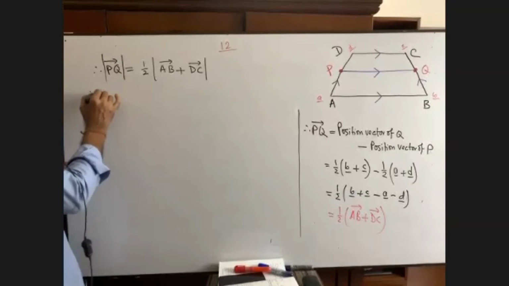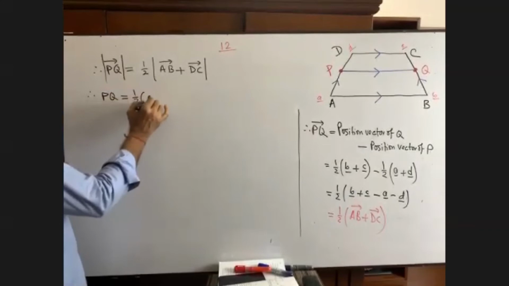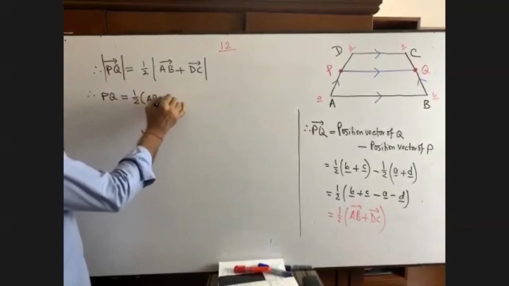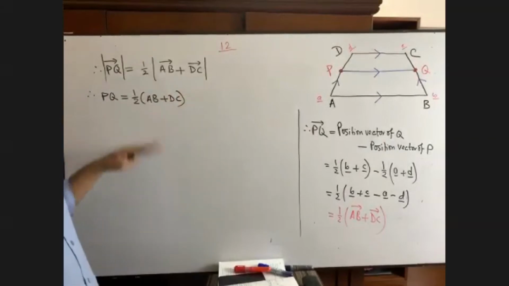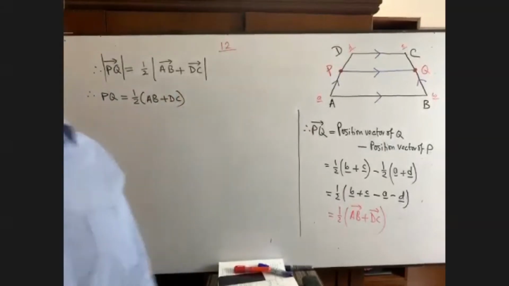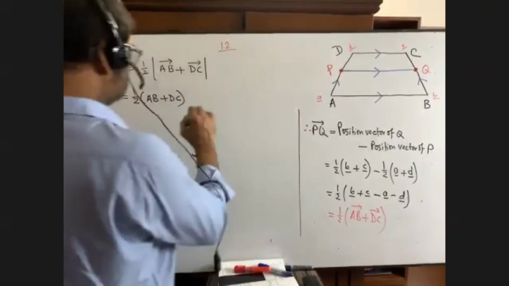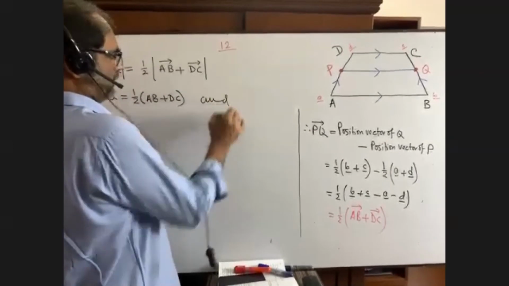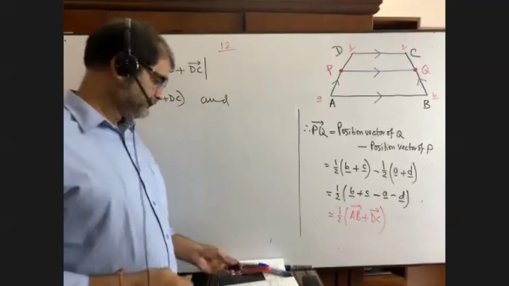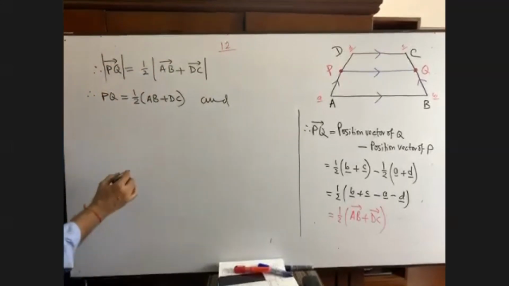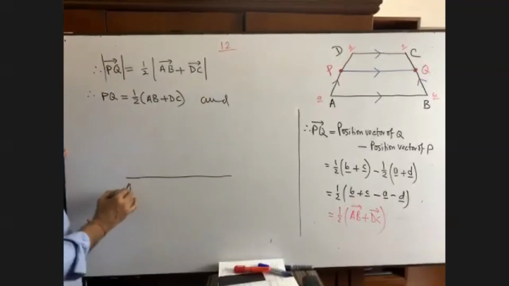Therefore PQ is equal to half of AB plus DC. You were told to prove this. Before going to that part, I have to show you something. Suppose AB is a straight line.